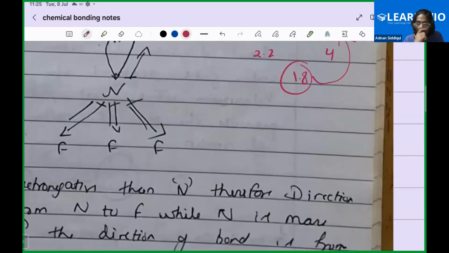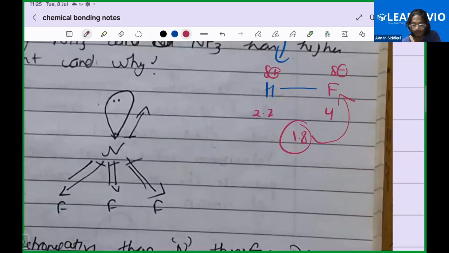Give me the electronegativity of chlorine. Is it 3.5? Okay, 3.5. So the difference is how much? Like 1.